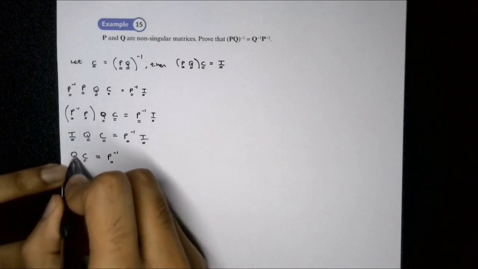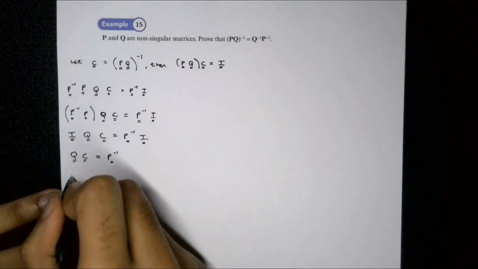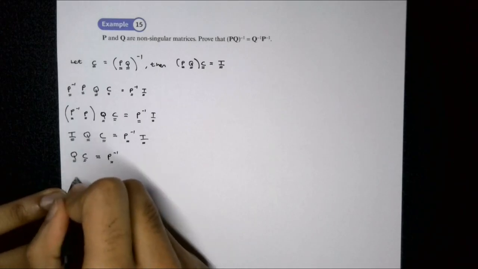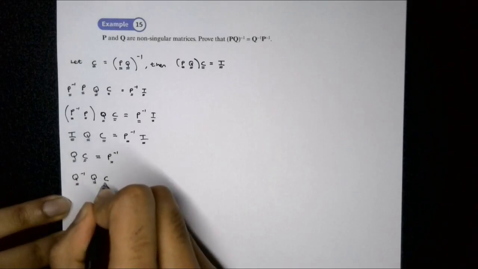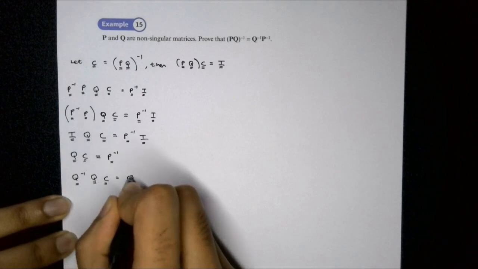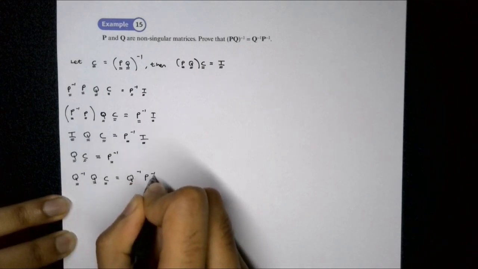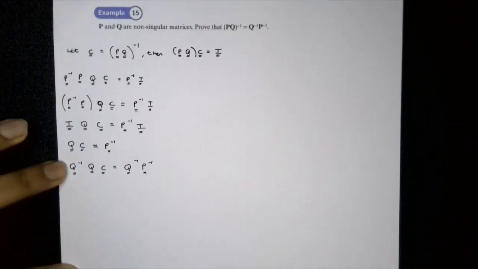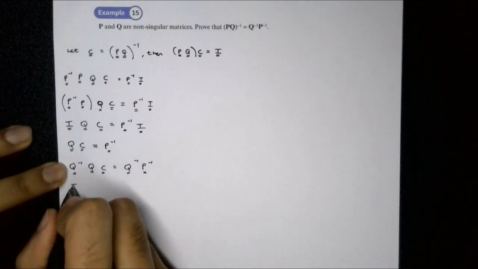Instead, to get the C by itself, we first of all have to take the inverse of Q on both sides. So we've got the inverse of Q multiplied by Q multiplied by C. This is equal to the inverse of Q multiplied by the inverse of P. Now why did we do this? Inverse of Q times by Q, that's just the identity matrix.